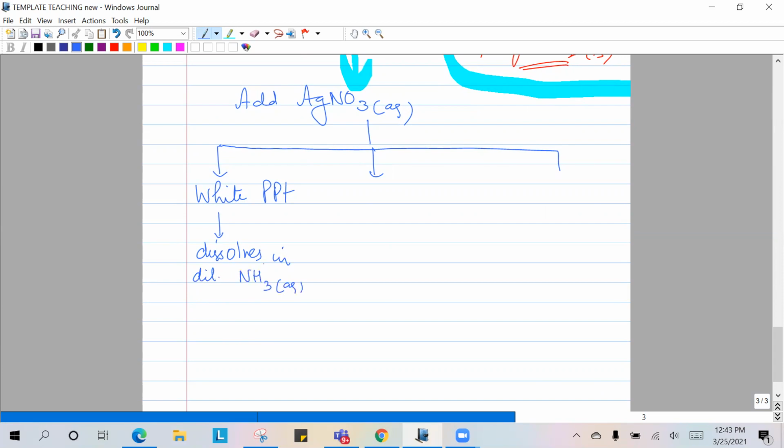They can say dilute ammonia or they can say less amount of ammonia. So a white precipitate that dissolves in dilute ammonia, you are 100% sure that the chloride is present in your haloalkane.